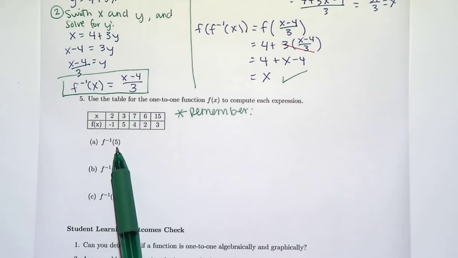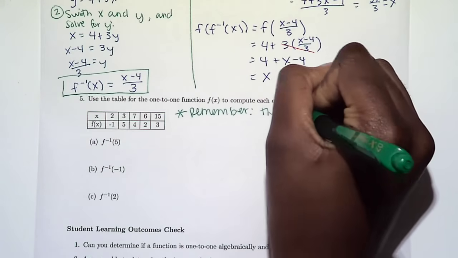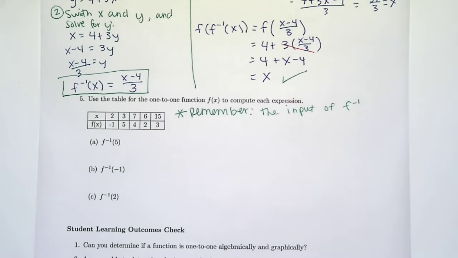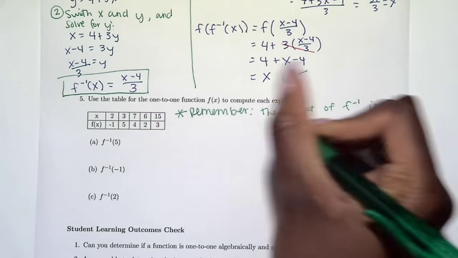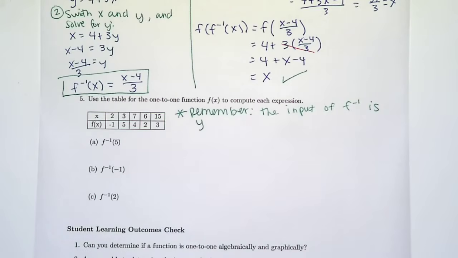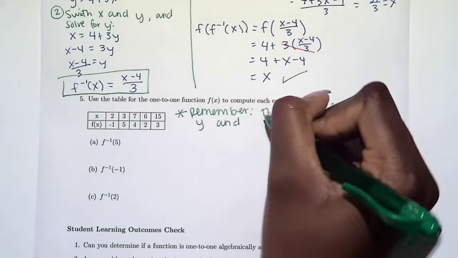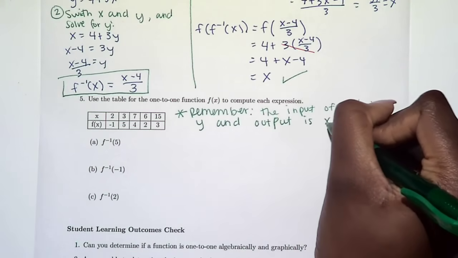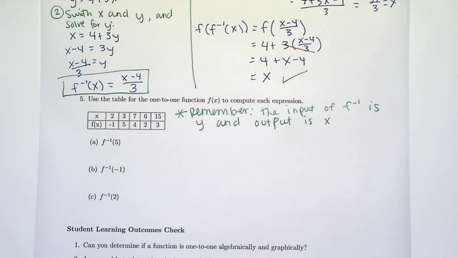It's actually a y value because we always switch x and y for inverses. So remember, the input of f inverse is actually the y value, and the output is the x. So again, switching x and y.